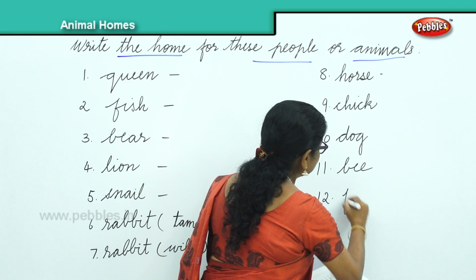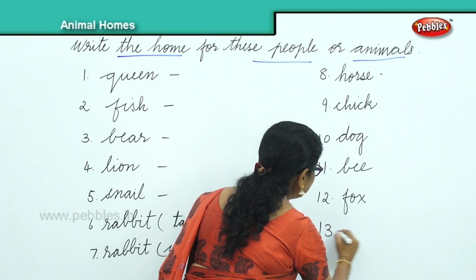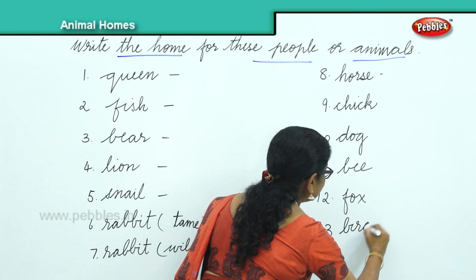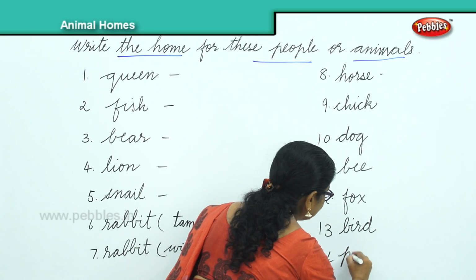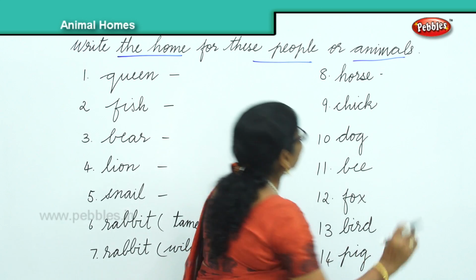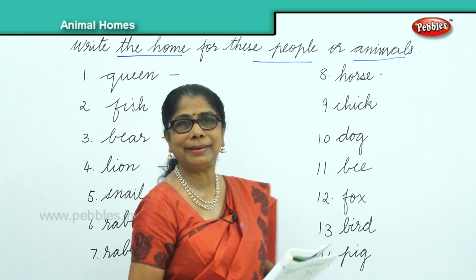Then we have fox. Bird. And I also have here with me pig. Now, we're going to find homes of these animals. Alright?